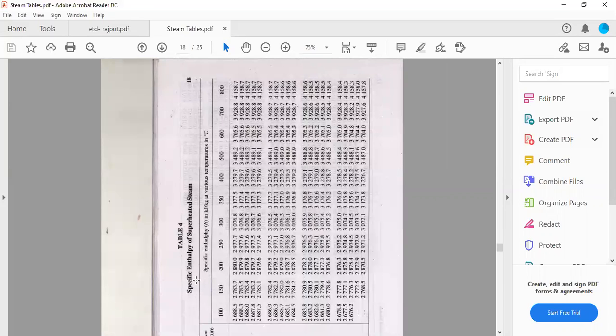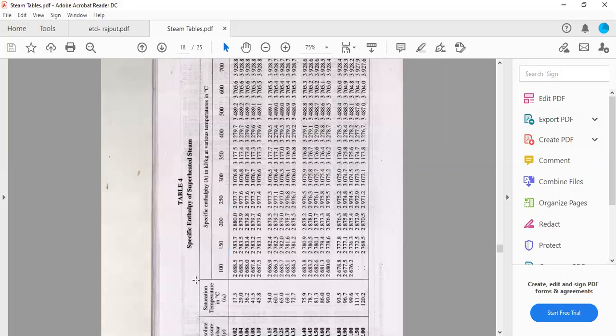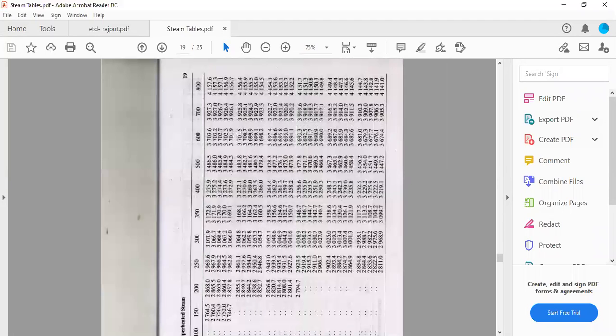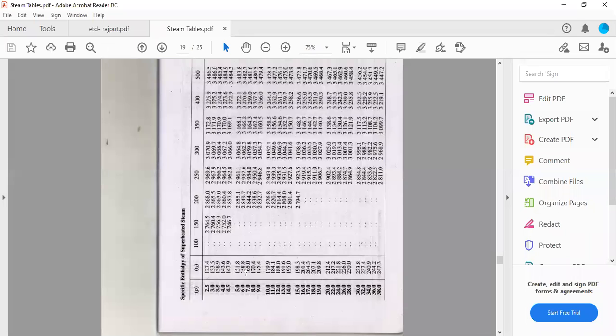In the 18th page, our required property is there, specific enthalpy. So here, corresponding to our pressure, say it may be in the 19th page. In this page, corresponding to some 6 point something, corresponding to this value, corresponding to the temperature, we will read the enthalpy value directly here.